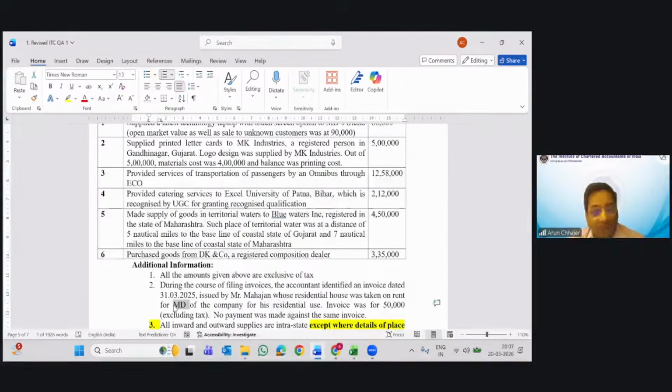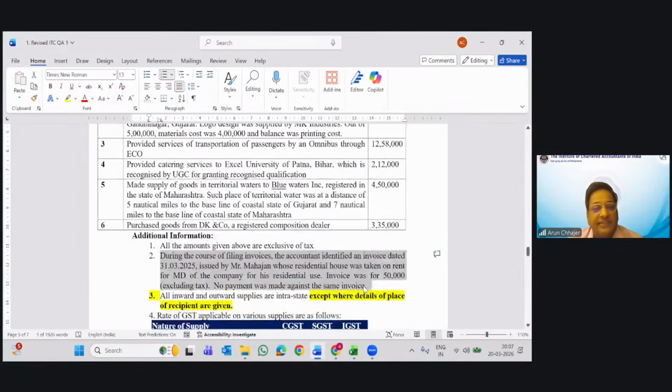ठीक है. So what is the conclusion? By this para, can we say that the company needs to pay the tax under RCM on 50,000?